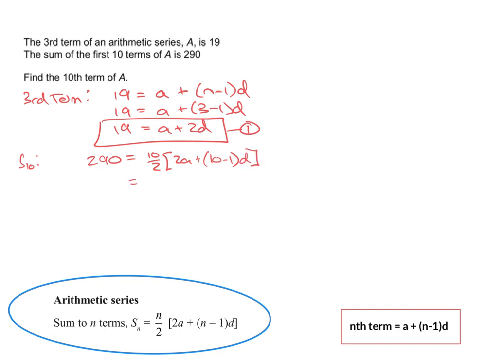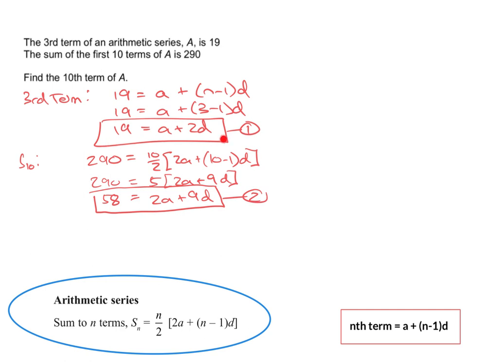Let's tidy this up. So 290 is equal to 5 times (2a plus 9d). We can divide by 5 to make that a bit nicer. So 58 is equal to 2a plus 9d. And I'm going to stop there and call that equation number 2.